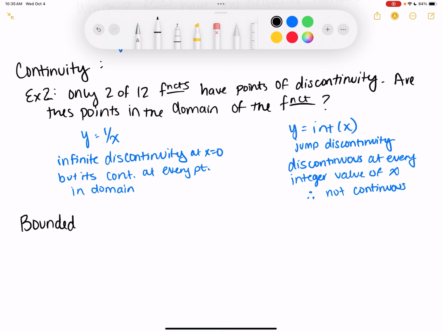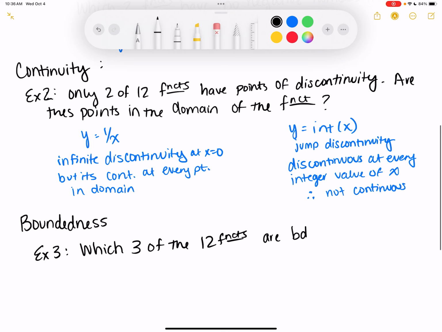So the next thing is boundedness. I didn't say this in the last section, but I usually abbreviate bounded as BDD just so I don't have to write the whole thing every time because it's really long. I pretty much just take out all the vowels and one consonant. So which 3 of the 12 functions are bounded? Now, when we say bounded, that means above and below.